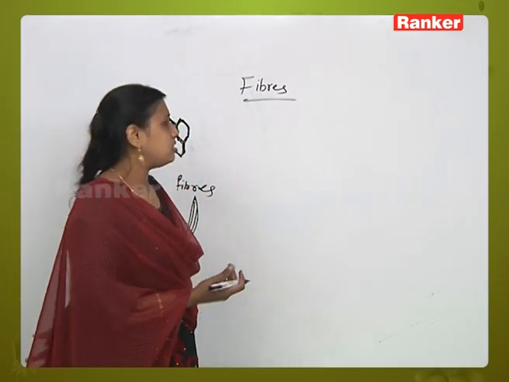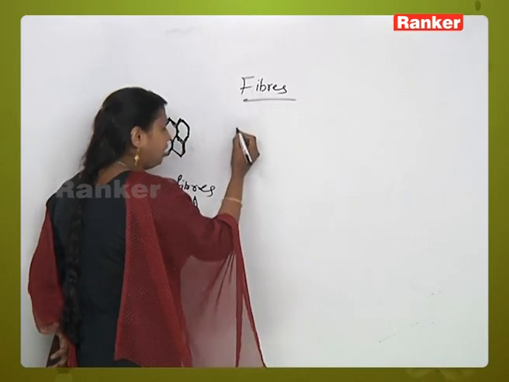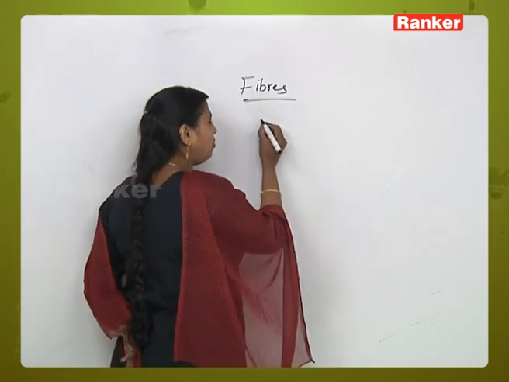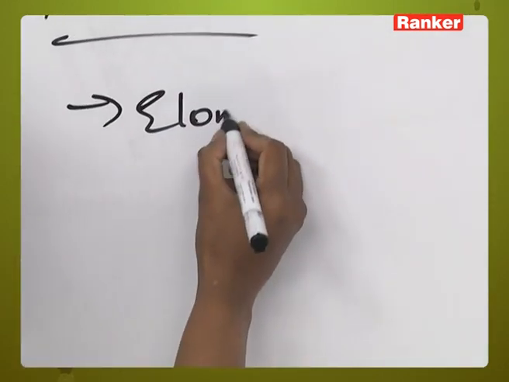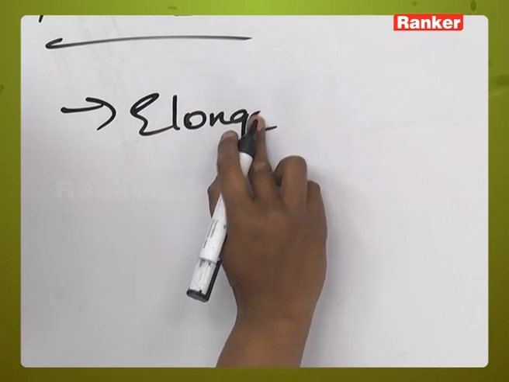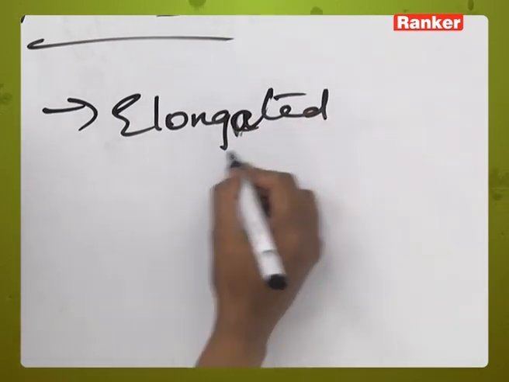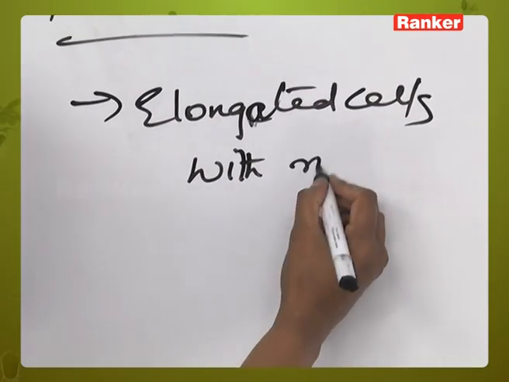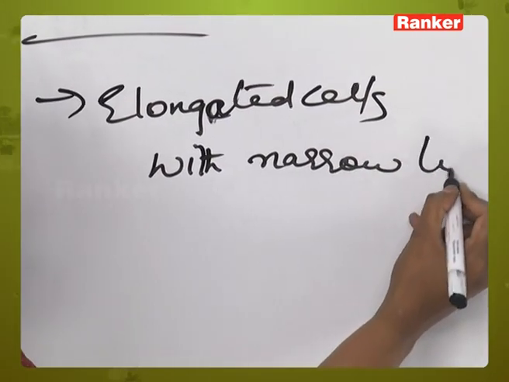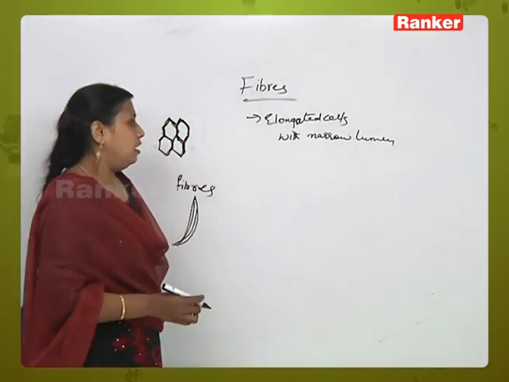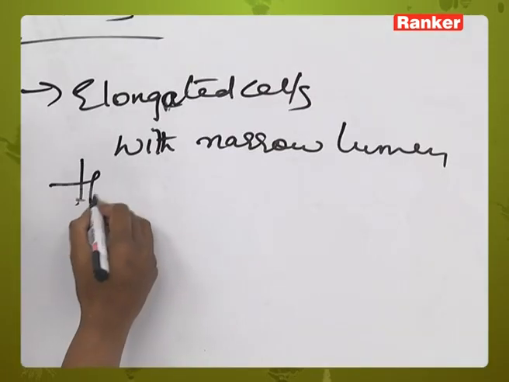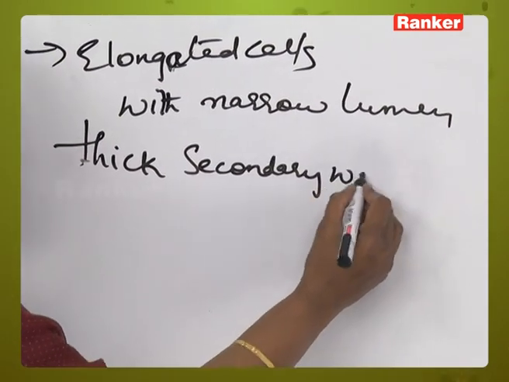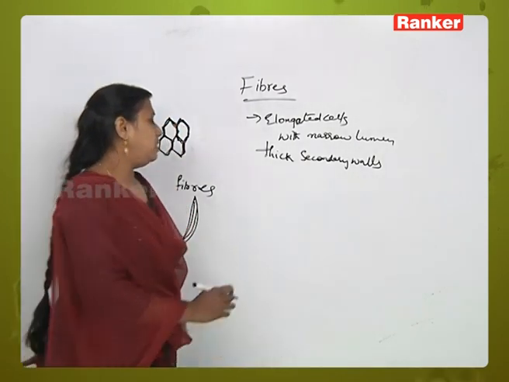Another component is fibers. What are fibers here? This is the diagram of fiber, and the fibers are normally elongated cells with narrow lumen. These are having thick secondary walls with oblique ends.